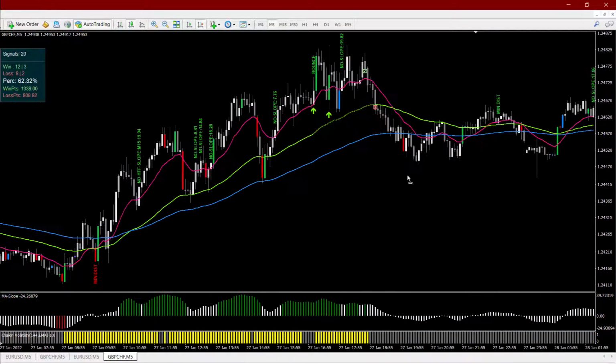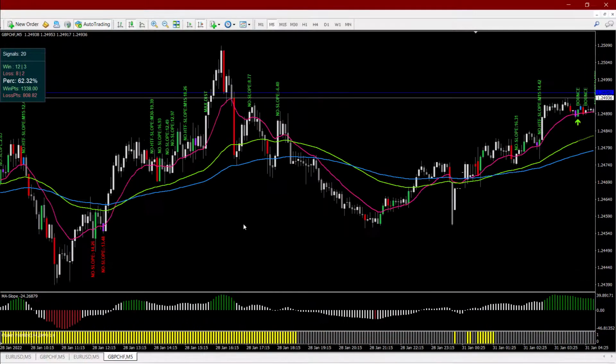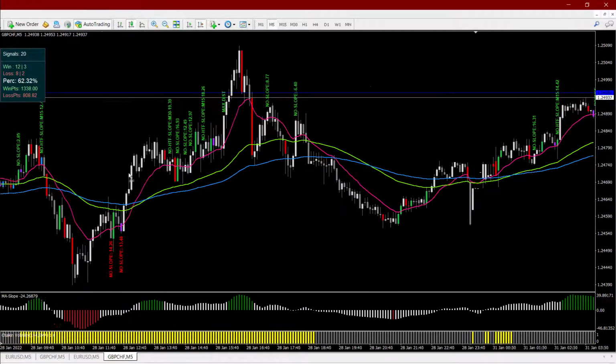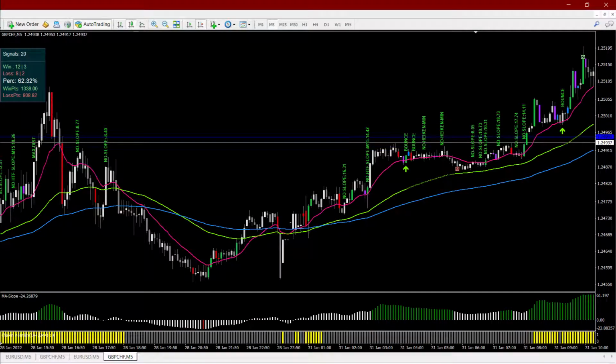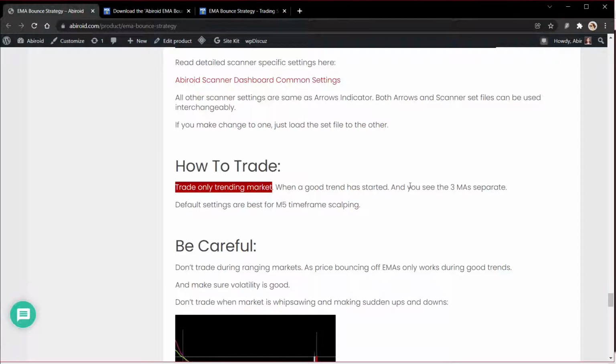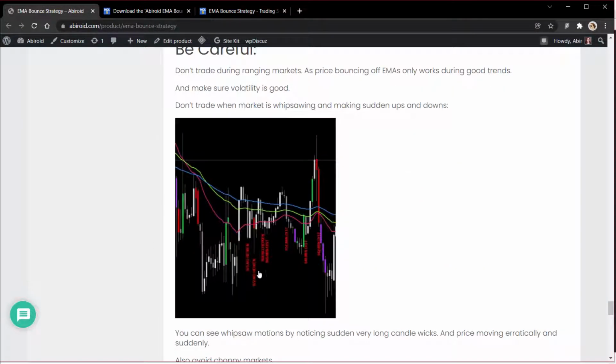And sometimes during news events, you might get very long wicks, like I don't see that happening over here. I'll just go back. So be careful when market starts to look like this. This sometimes happens during news events when market is whipsawing, making sudden ups and downs.